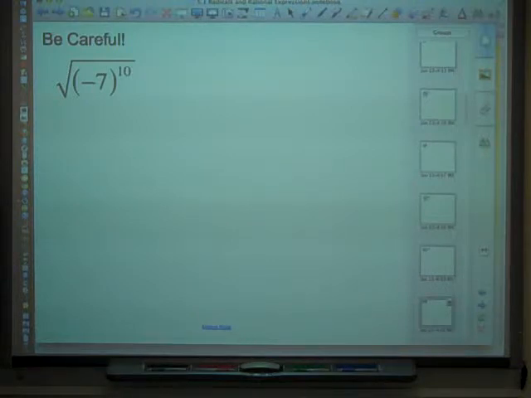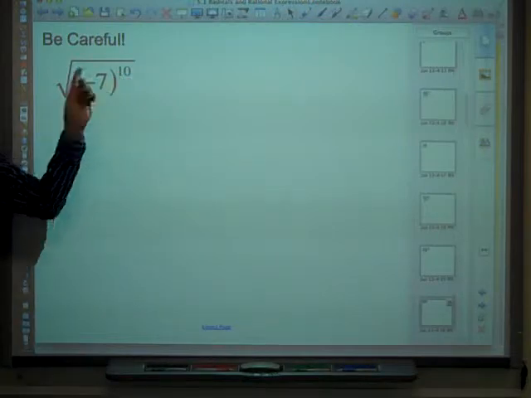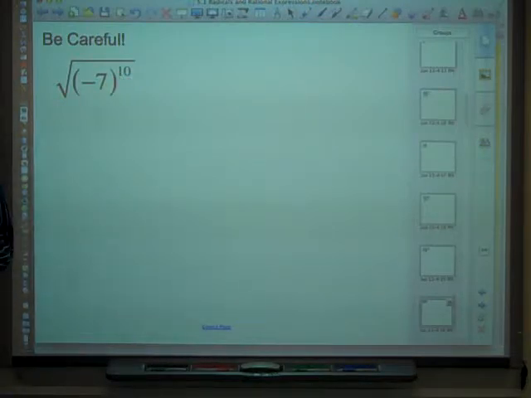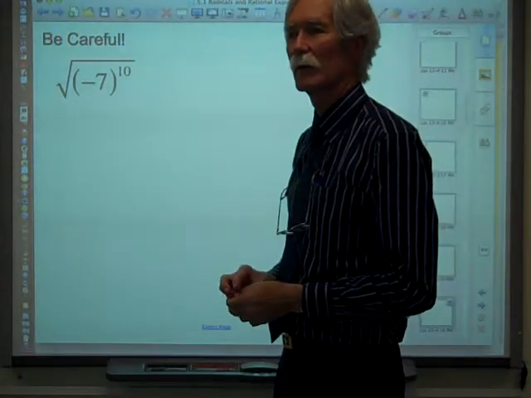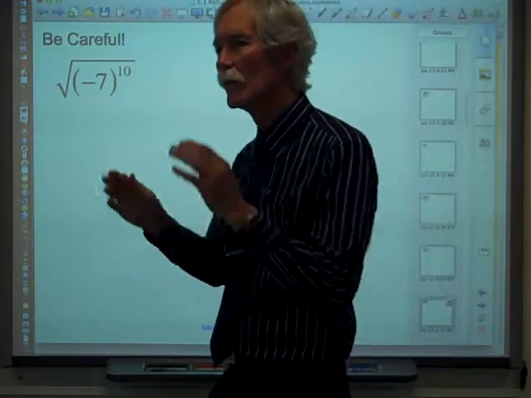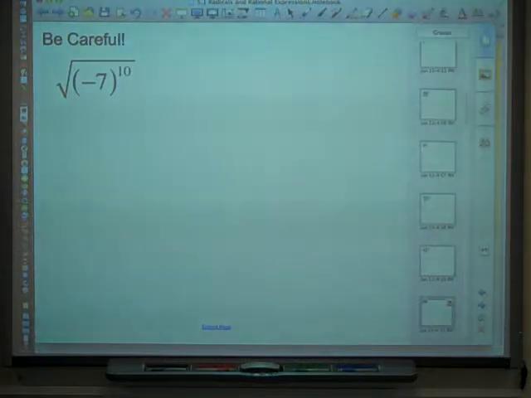Square roots of a negative number. Looks like it's going to be imaginary, right? Why isn't it imaginary? Good. Rachel, what does that even power mean? It means that the negative power is going to be positive.